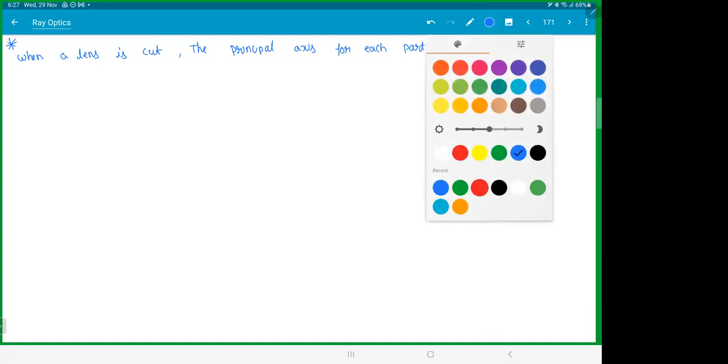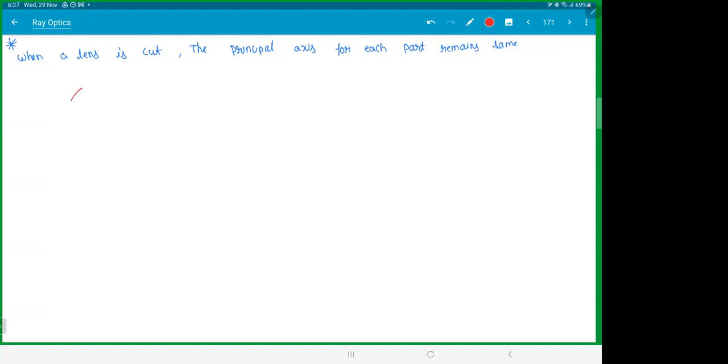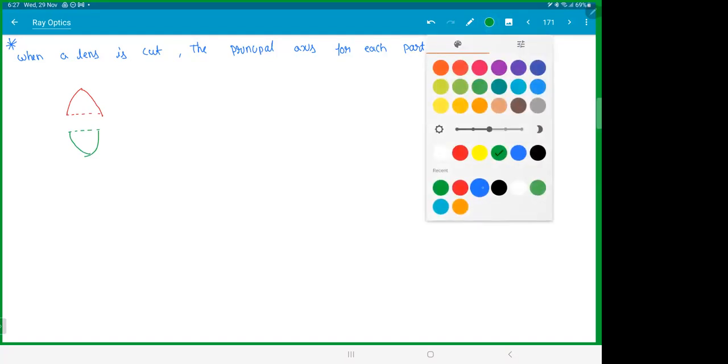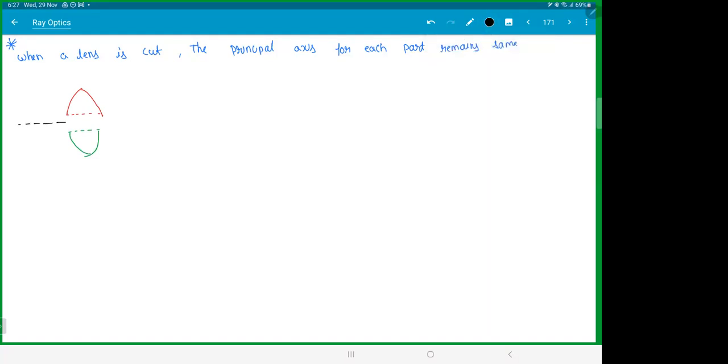So let me show it like this. So the upper part of the lens, so this is the lower part of the lens. This was the principal axis. So object was here. This is the principal axis. 1 centimeter each. Now, the moment you join them, this is what happens.